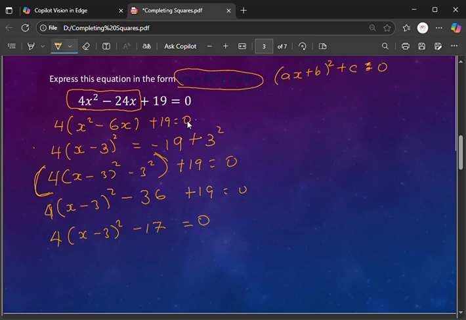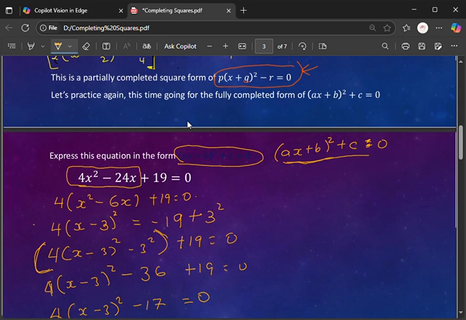Does this make sense up to where we are? I hope this makes sense. So let's continue simplifying. Remember, we want to write it in this form, so we haven't achieved this form. Remember the note down here, I wrote that let's practice again, this time going to the fully completed form.